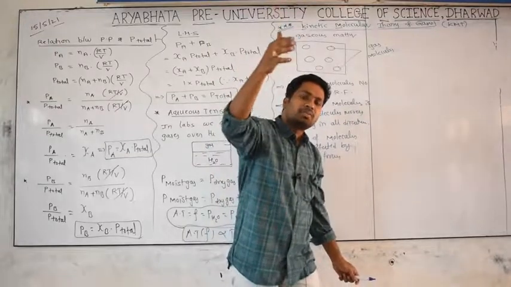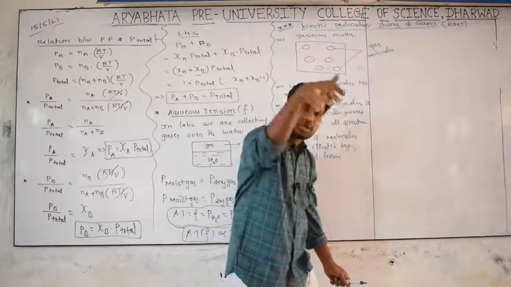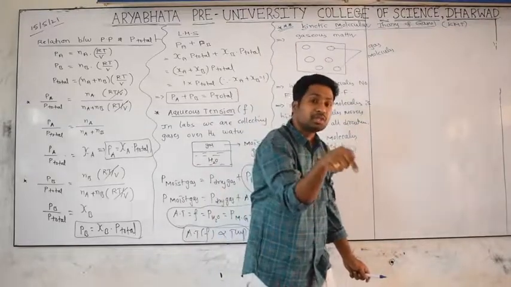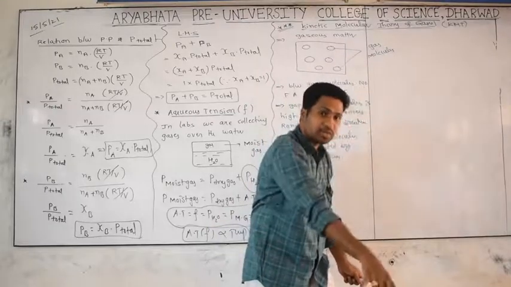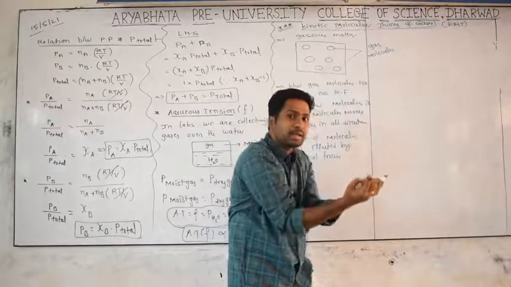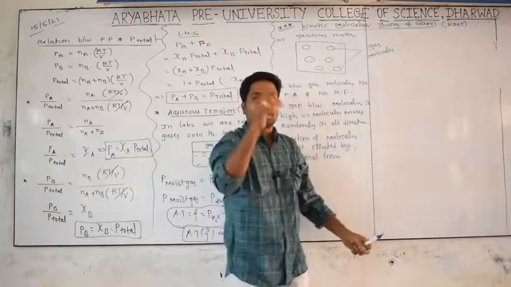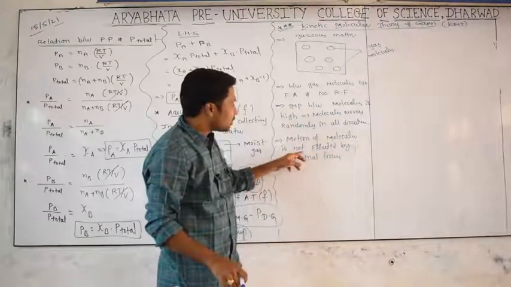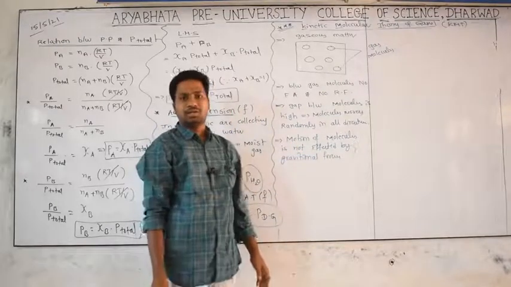So this momentum of gas molecules is not affected by gravitational force. If gravitational force were too much, the smell would stop right there, because the smelling particles would be pulled by gravity. That's not the case. That is telling us the motion of gas molecules is not affected by gravitational force.